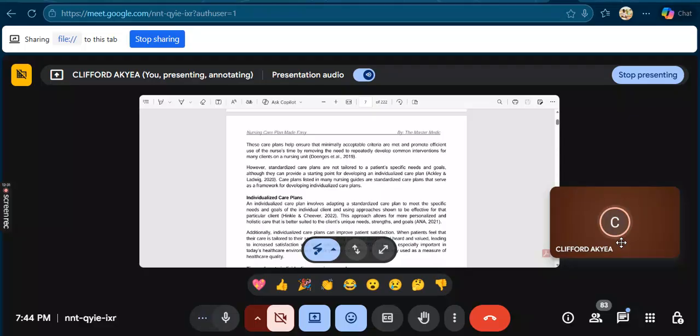The individualized one is what we are going to focus on. The standardized one they give us as a basis. You understand? That is the foundation that we should build upon to develop individualized care plans.